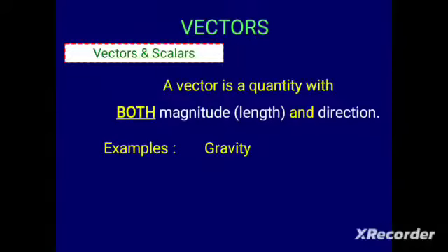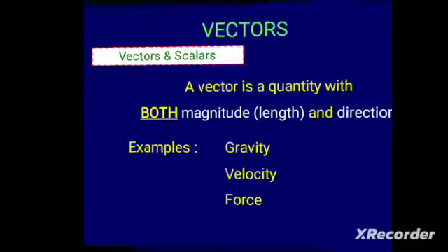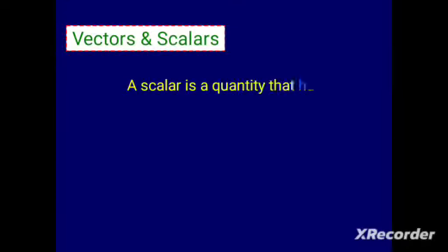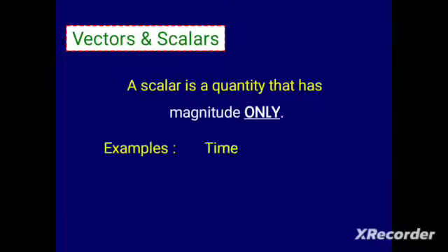Examples of vectors are gravity, velocity, and force. On the other hand, a scalar is a quantity that has magnitude only, and examples are time, speed, and mass.